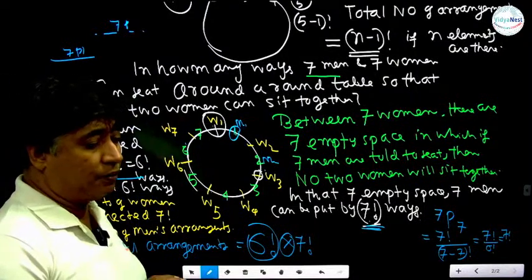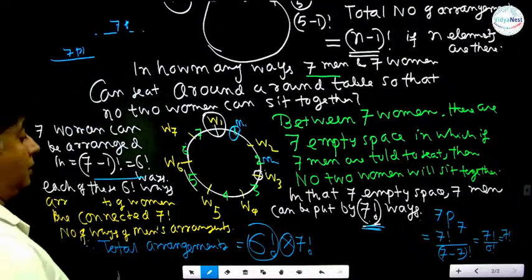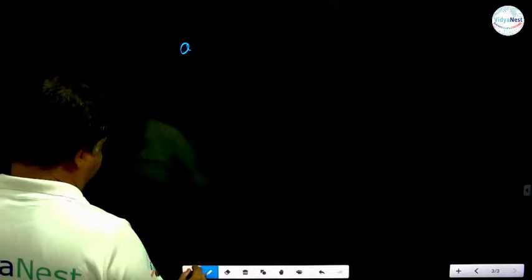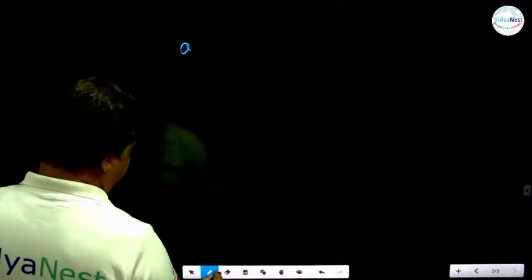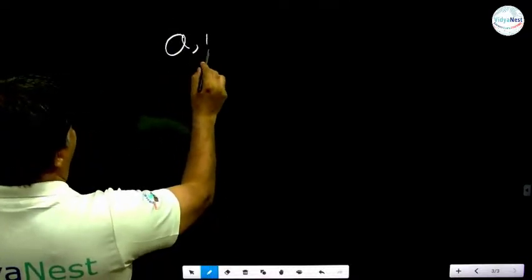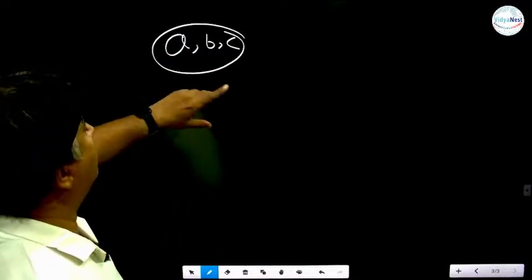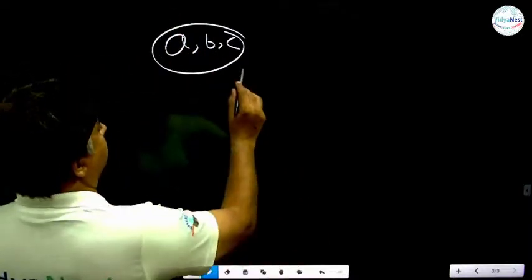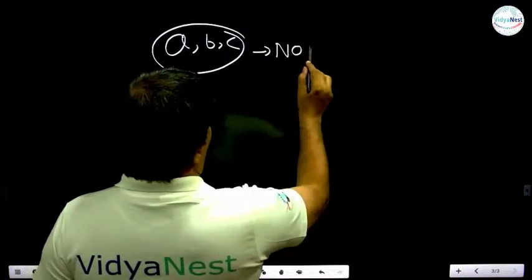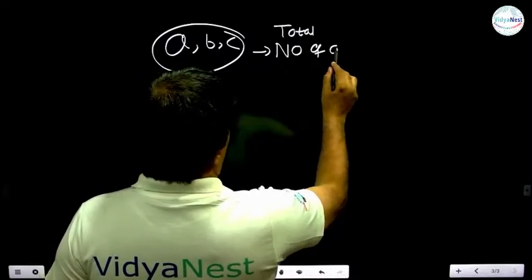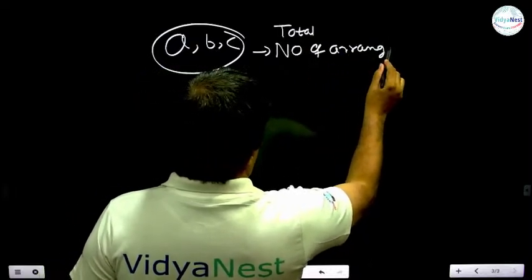Now you have got it, understood a little bit. Suppose you have 3 elements: A, B, C. How many total arrangements of these elements are there?